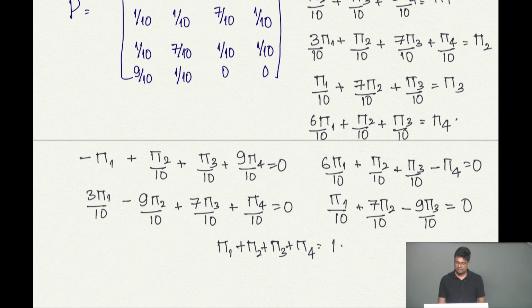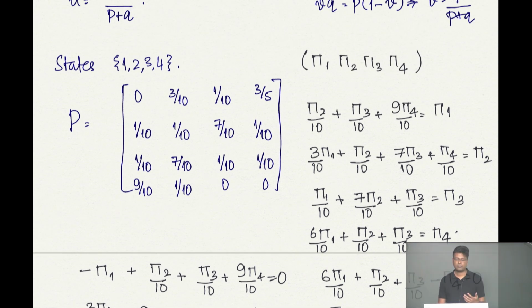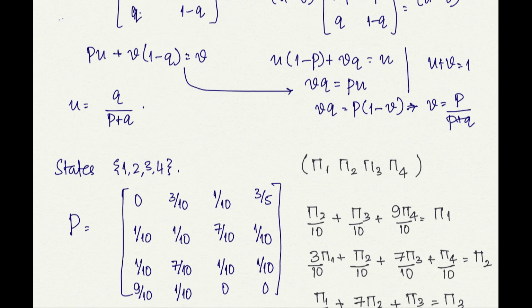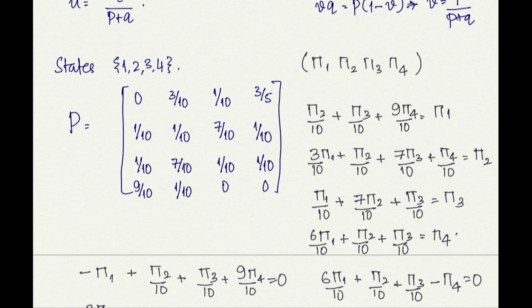So all this says is pi is a stationary distribution. Applying this same distribution with P again will not change it. Right? So this distribution pi is invariant under action with this matrix P. So this matrix I've actually picked from the Markov file.